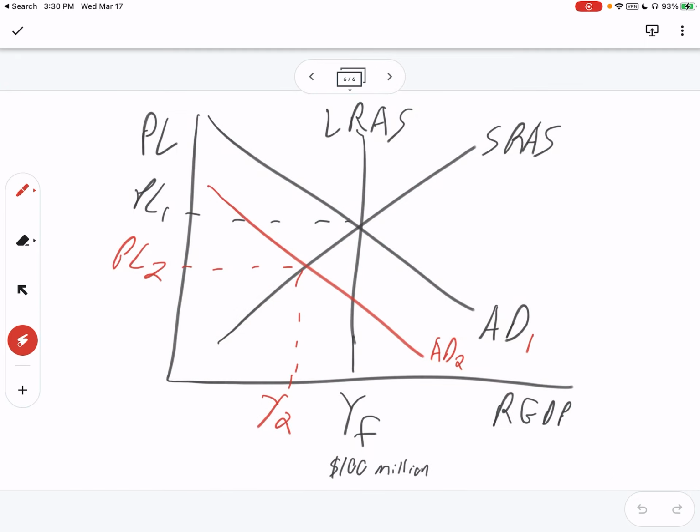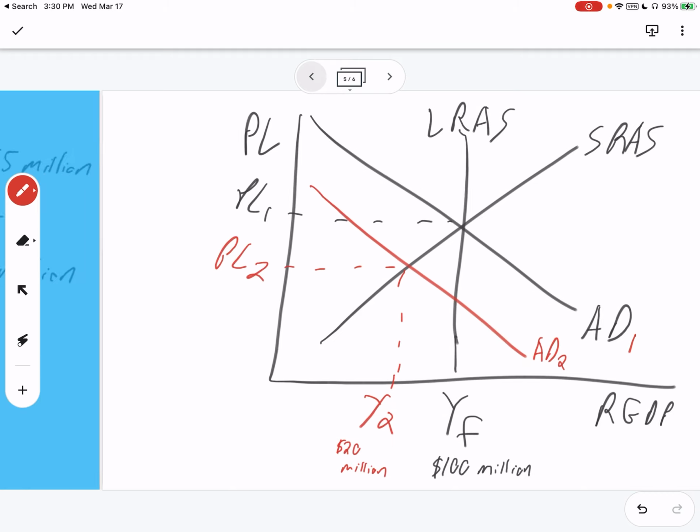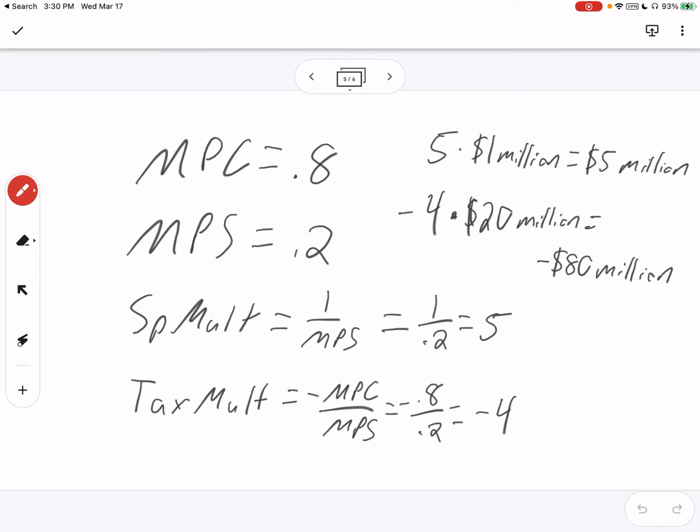That would mean that what we see right here at Y2 would be equivalent to $20 million, right? So the government increased taxes by $20 million, but we saw a total decrease in aggregate demand of $80 million.